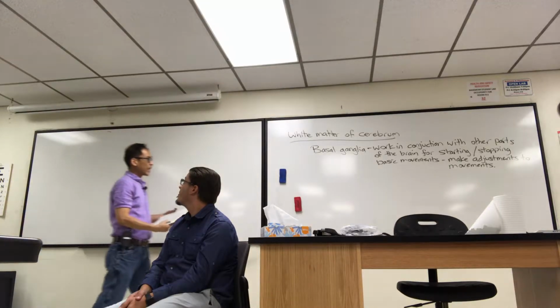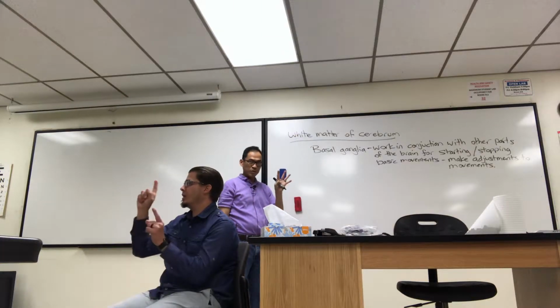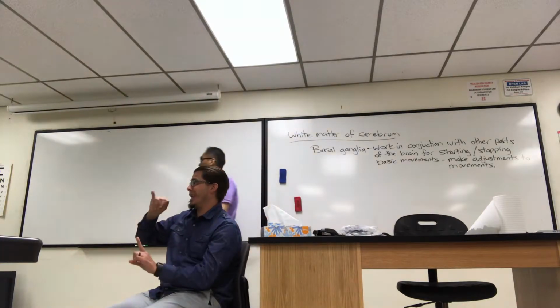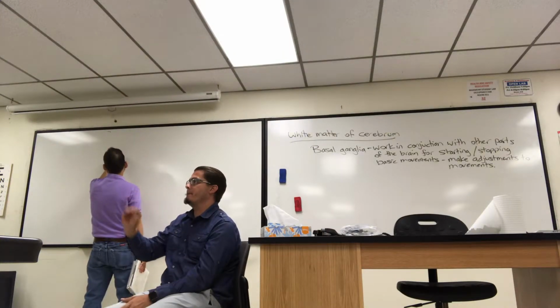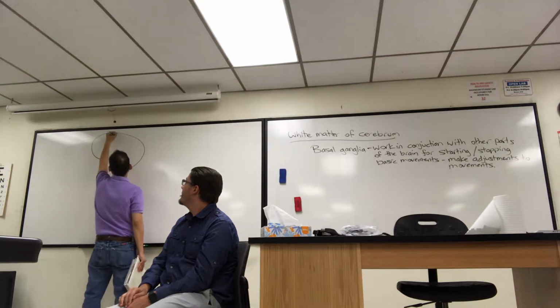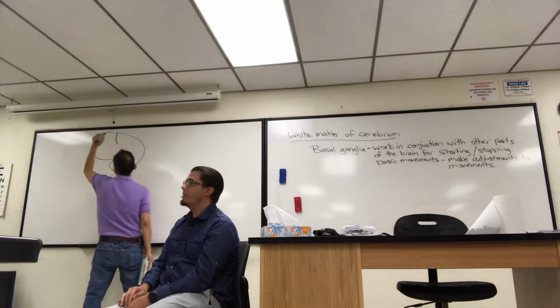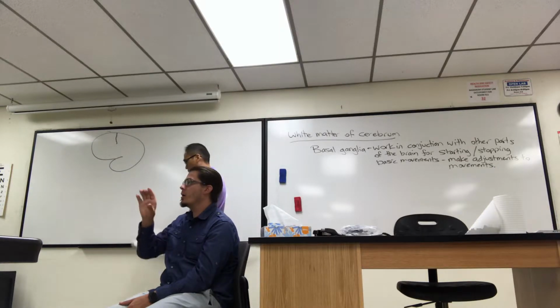For the basal ganglia to work, it needs to receive inputs from 4 regions of your cerebrum. So let me draw the brain here. And let me draw more or less where the central sulcus would be, the black squiggly line.